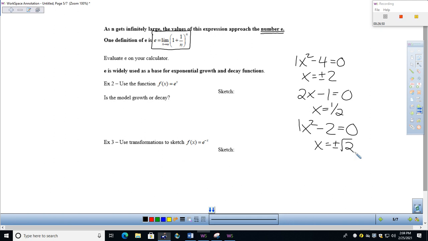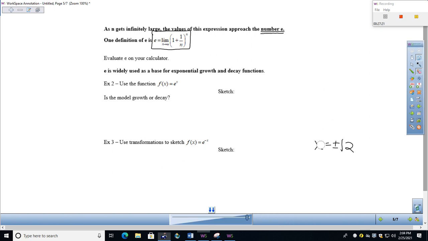Again, I went through that relatively fast, and there's a lot that goes into it, but don't worry about it. For our purposes, e is going to be used in the context of our exponential models. We're going to see an application of it in the very next lesson.